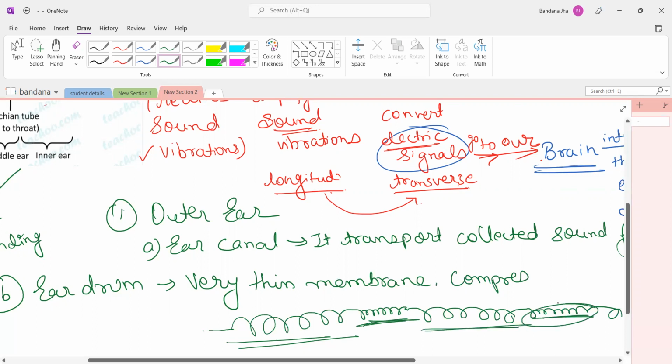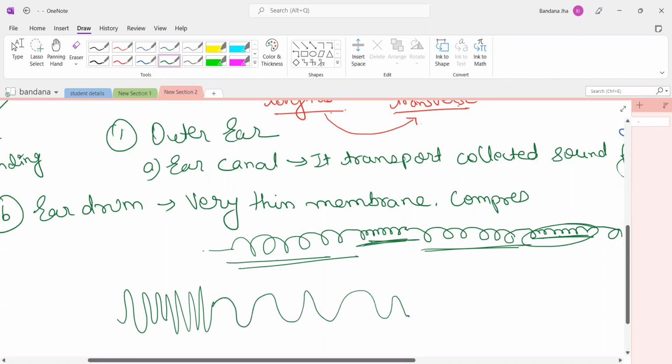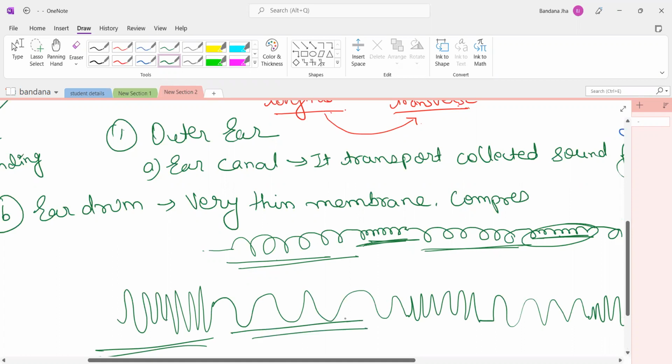This is about a spring in the form of waves. If this is your compression, then this is your rarefaction, like that. Compression means where we can collect a large amount of waves, and rarefaction means where we can see a smaller amount of waves.